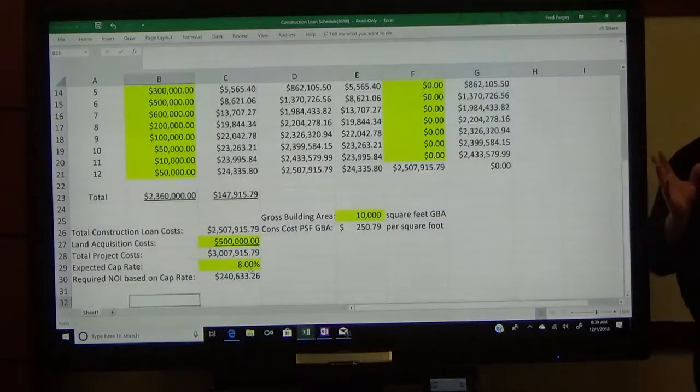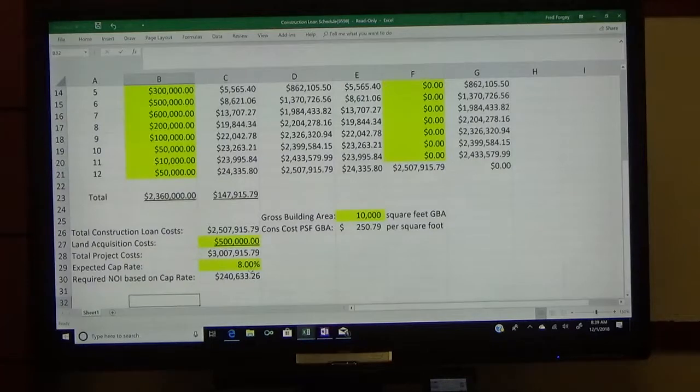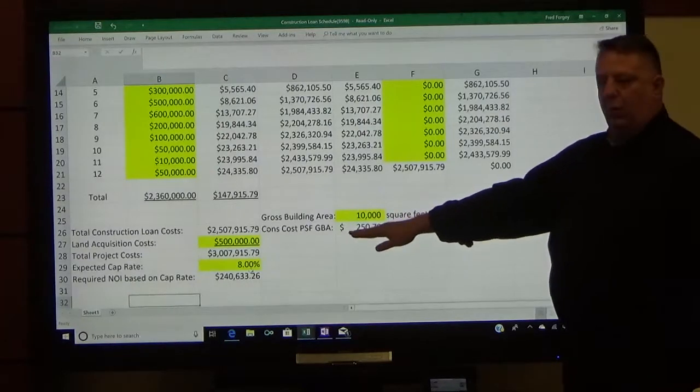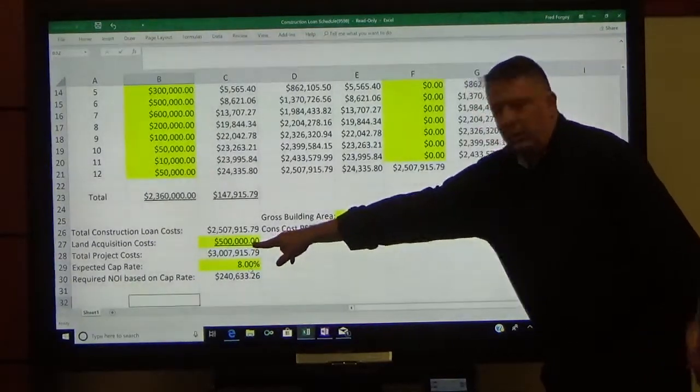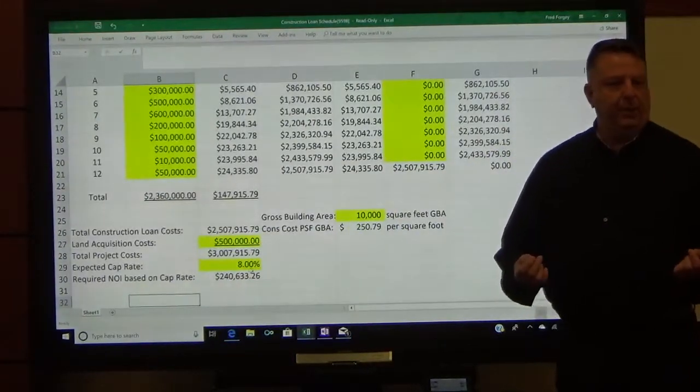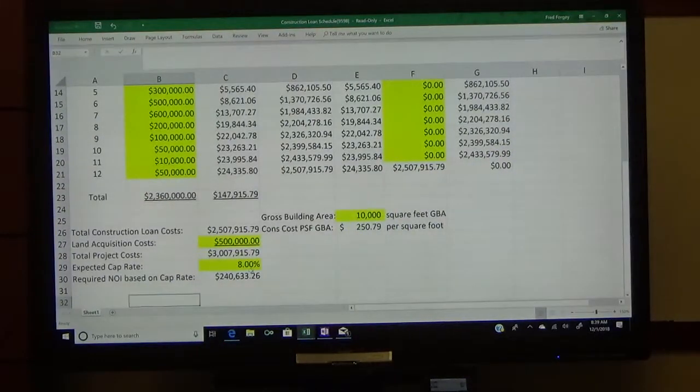Now, this is one of the things I think is worth pointing out: that number represents your construction cost, not including your land cost. Because in most instances, whenever you are trying to put together a project, you're going to want to separate those two, okay?